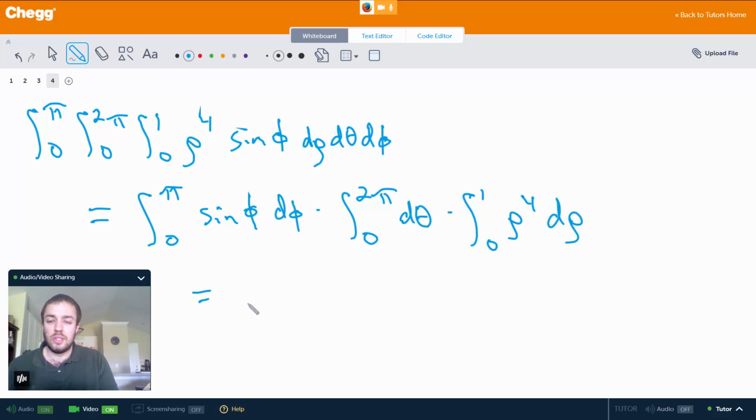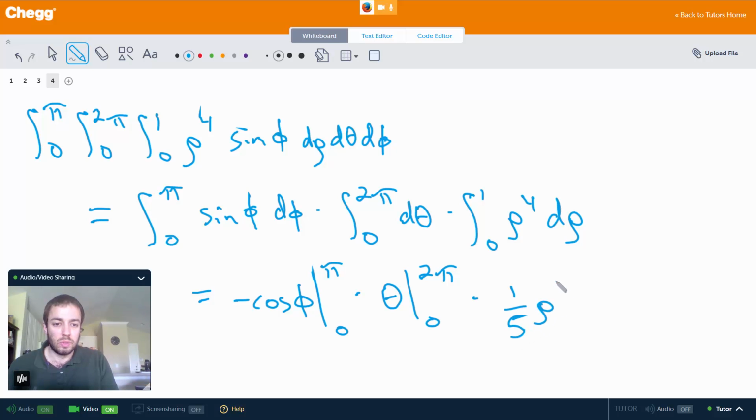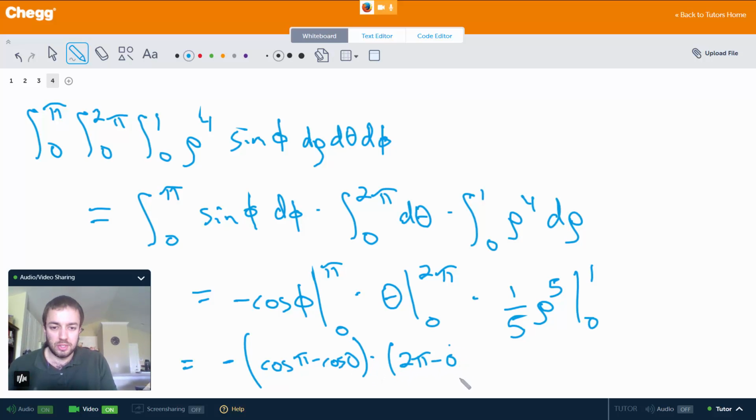So this is minus cosine of phi evaluated from 0 to pi times, this is just going to be theta evaluated from 0 to 2 pi, and then times 1/5 rho to the 5th evaluated from 0 to 1. So here we have cosine of pi minus cosine of 0 times, this is just plain old 2 pi minus 0, and then times 1/5 times 1 to the 5th minus 0 to the 5th, technically.